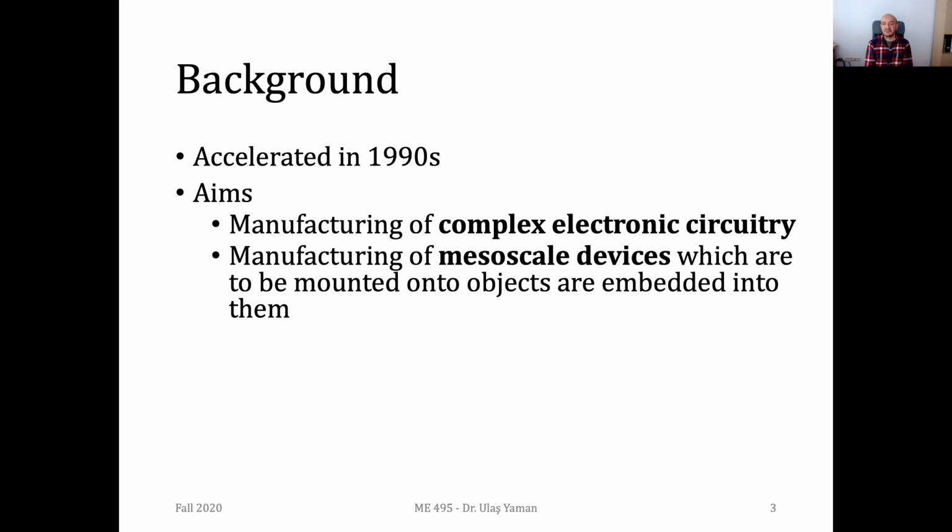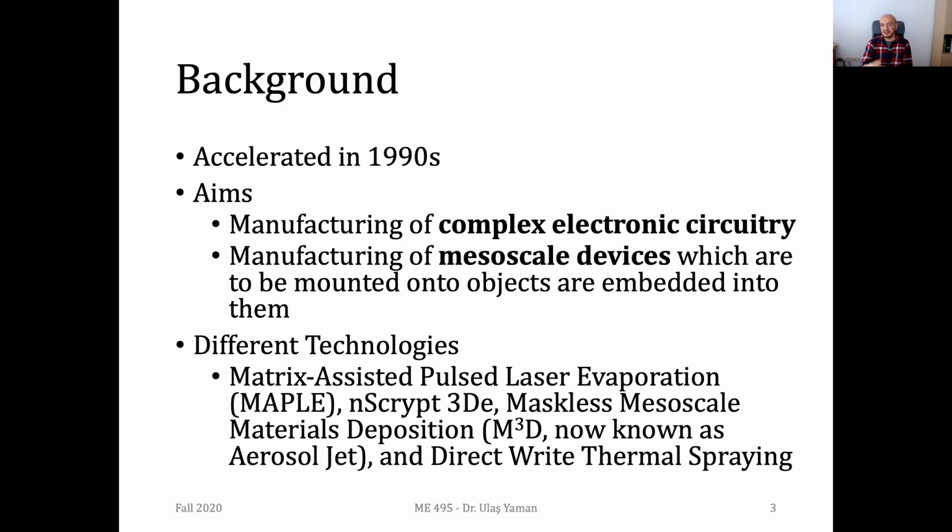They tried to embed special products into these mesoscale devices, like circuits, batteries, and other actuators and sensors.